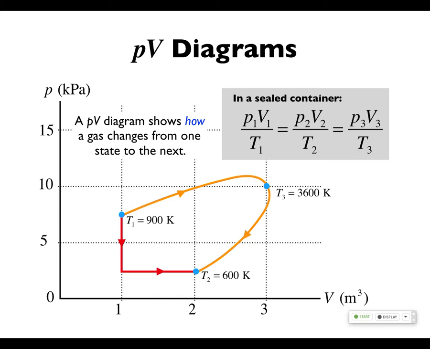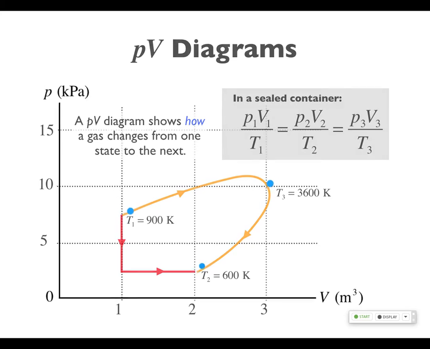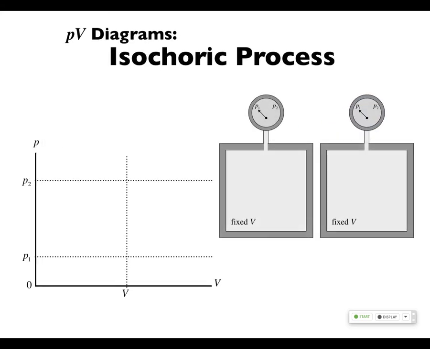In either case, you go from this state to this state. You start and end at the same place, but the way you get there is going to vary dramatically. There's lots of different ways to get from one state to another, and it matters how you do it.